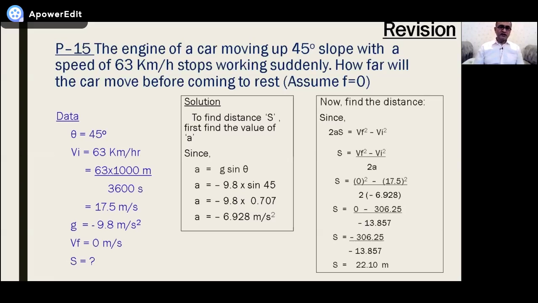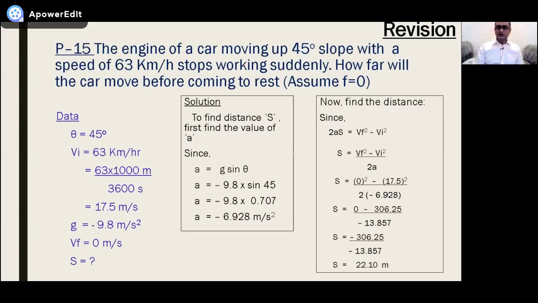The next question is very much similar to this question, which you can see on the screen. The only difference is that here we assumed that the frictional force is 0, but in that case, the value of frictional force would be given to us.